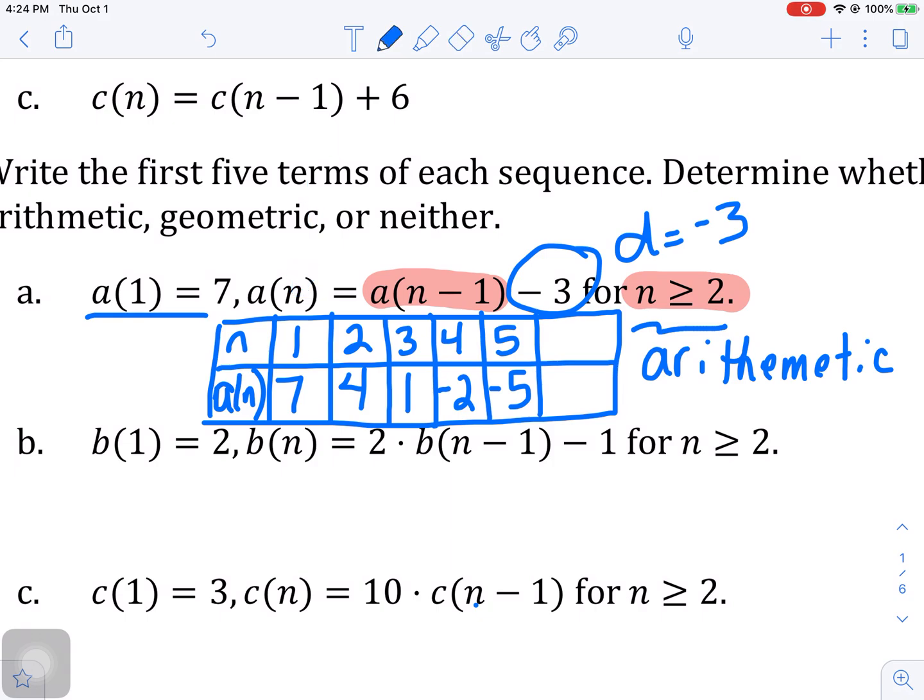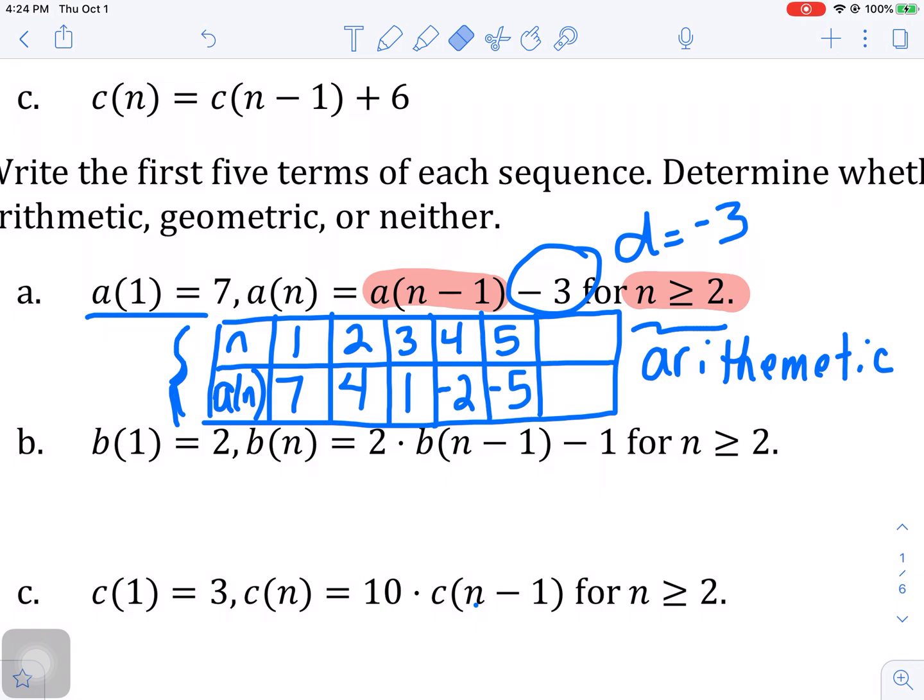So in order for that to work in this formula, we have to have n greater than or equal to 2. Because if I put a 1 in for n, I'd get a sub 0, and there is no a sub 0 in our sequence. It starts out with a first term, then a second term, and so on.